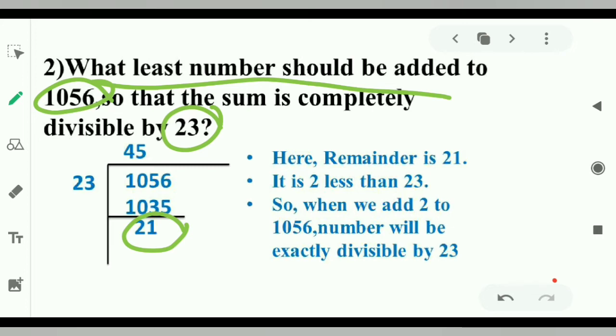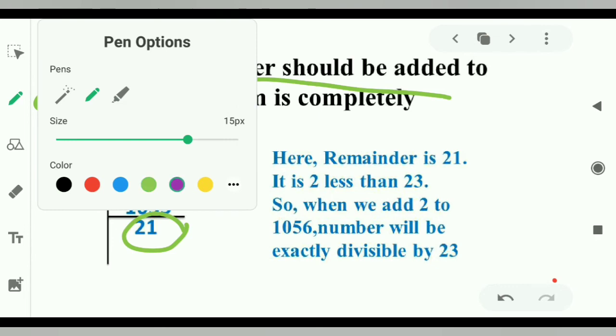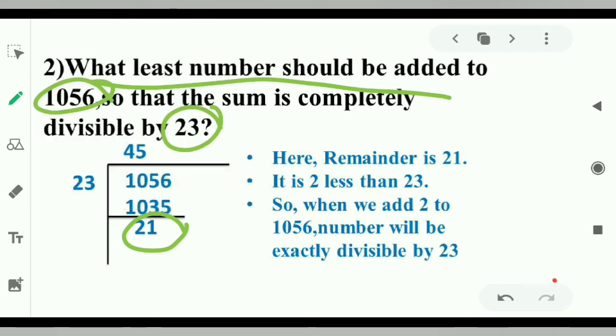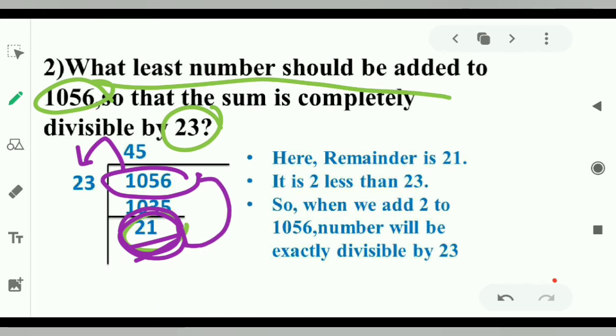Okay. In case we get a remainder as in this example, what do we have to do? What does this remainder indirectly mean? This indirectly means that 21 is a barrier for 1056 to become a multiple of 23. Okay, listen carefully. 21 is a barrier to 1056 becoming a multiple of 23.